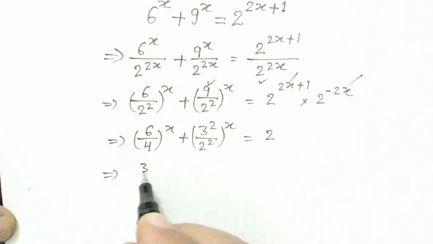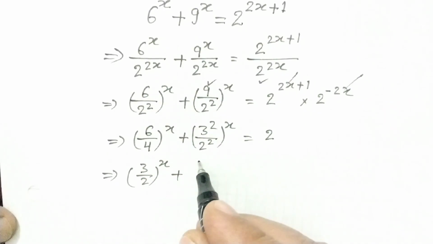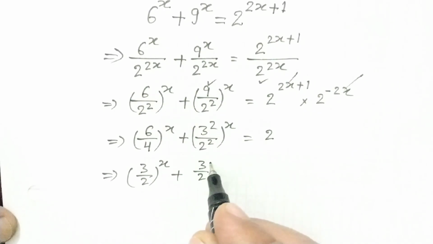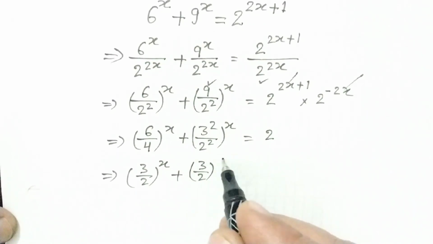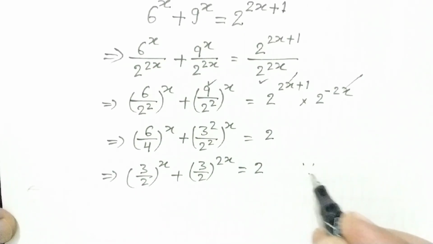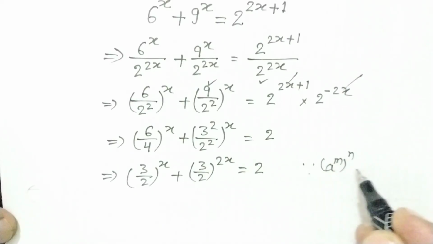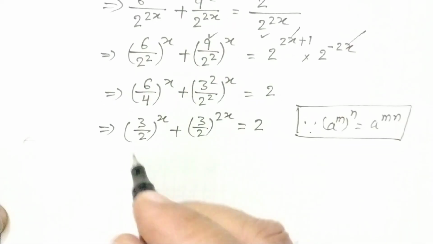Now 3 by 2 to the power x plus 3 by 2 to the power 2x, right, is equal to 2, because a to the power m to the power n is equal to a to the power mn.